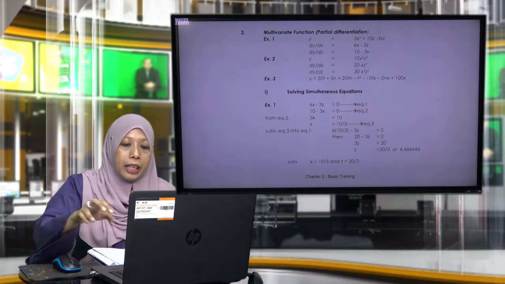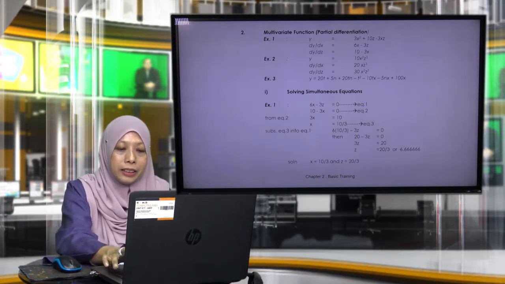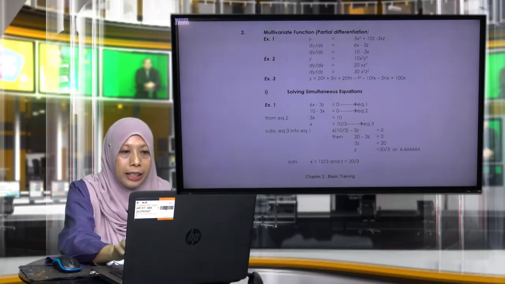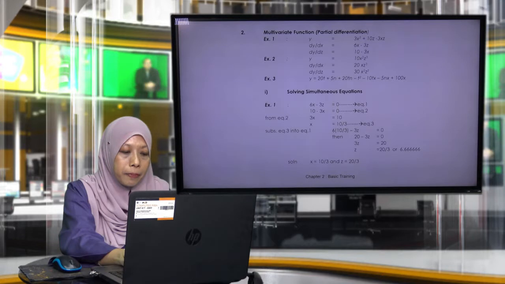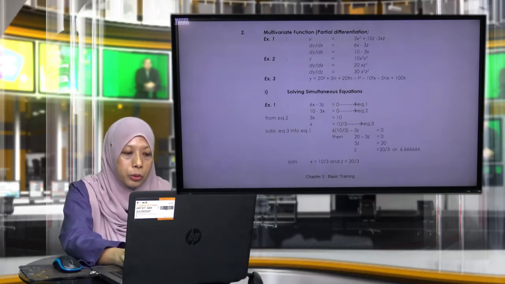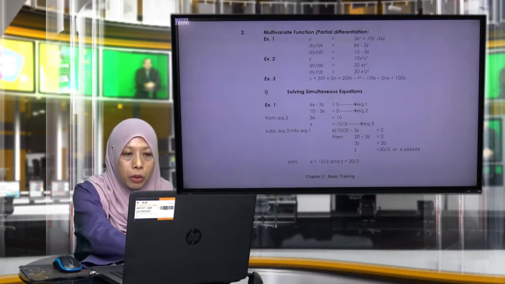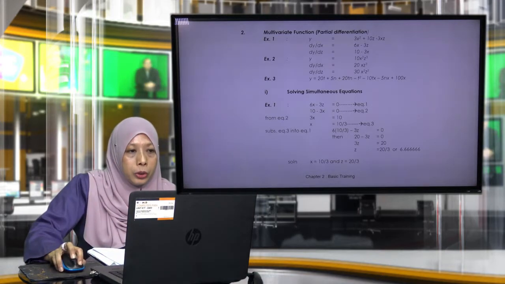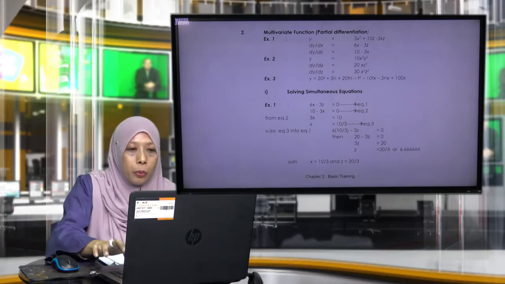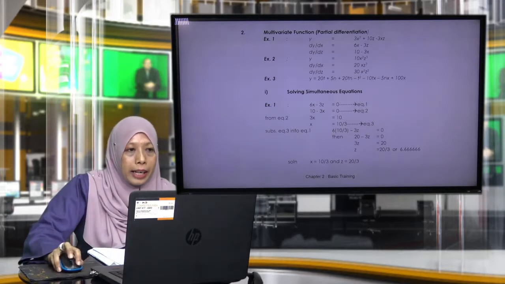And you are done. But this equation can be further simplified. So you're going to get 20 x to the power of 2 z to the power of 2. So that's how you differentiate the y function with respect to x.